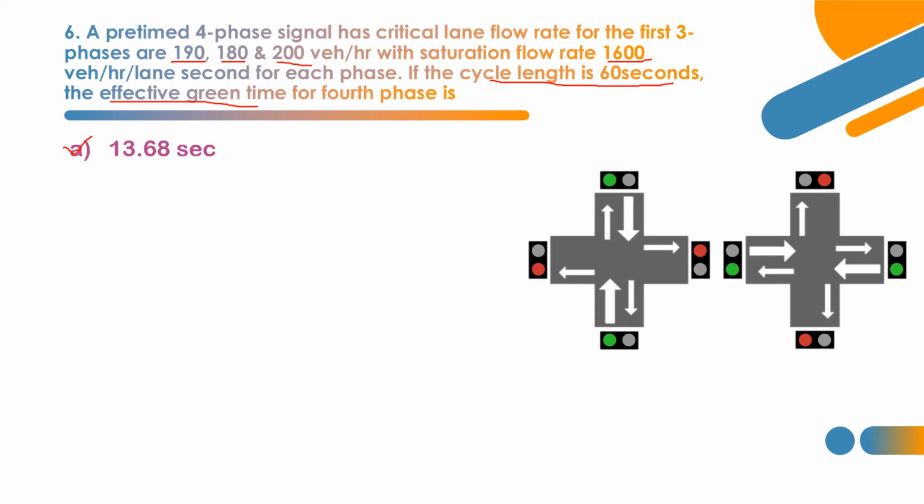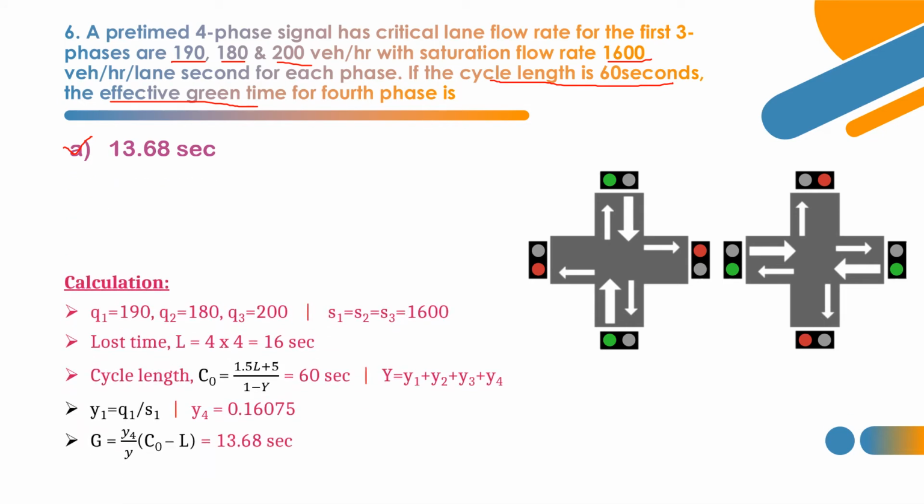Now let's see how it is calculated. Q1, Q2, Q3 are the critical lane flow rates for the first 3 phases, and S is the saturation flow rate. It is constant for all the phases, so S1, S2, S3 are equal to 1600.